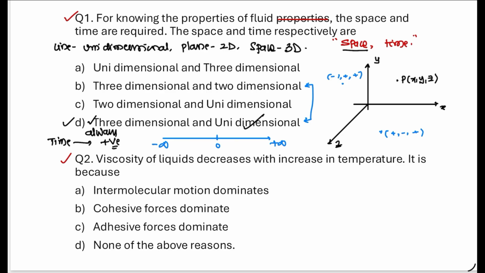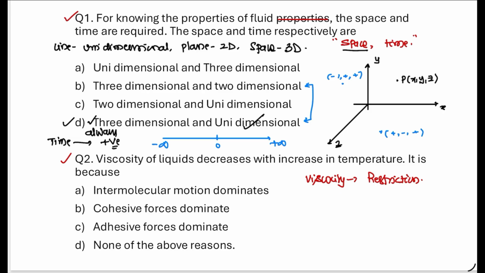What is viscosity? Viscosity is the restriction to flow. When you increase the temperature of ghee, what happens? Ghee spreads. That means restriction is lost.